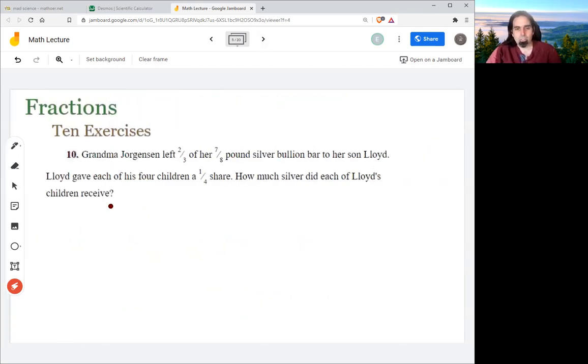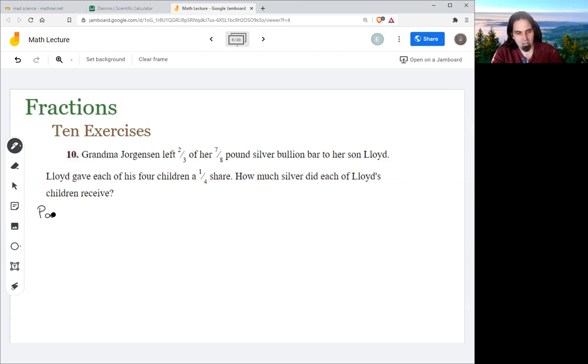Grandma Jorgensen left 2/3 of her 7/8 pound silver bullion bar to her son Lloyd. I wrote this thinking it was kind of a silly problem, but then I actually had a math student a year and a half ago whose family was going through some old relative stuff and they found a safe and there was a gold bar in it. I don't think it was 7/8 of a pound, but it was realistic for once. So we want to know what is 2/3 of 7/8.